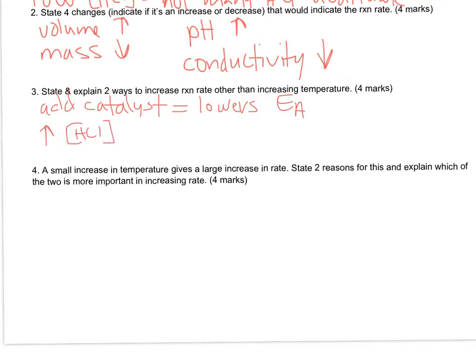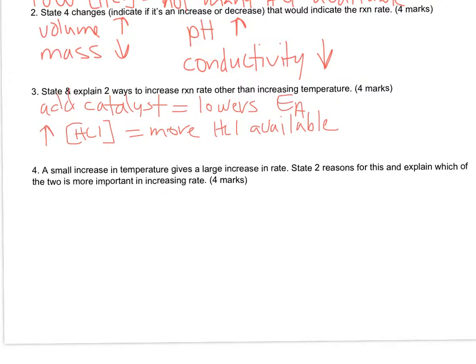Now, a lot of you suggested that we should powder the magnesium, but the magnesium's already in excess. So the limiting reactant is the one that we need to change, and that would be to increase the concentration. So there's more HCl available, since that's the limiter. And those are really the only 2 options you have other than temperature.